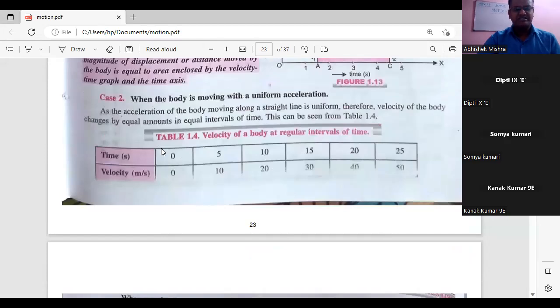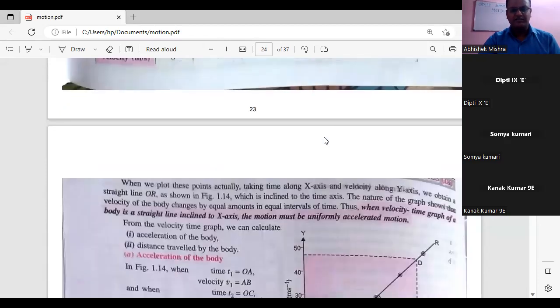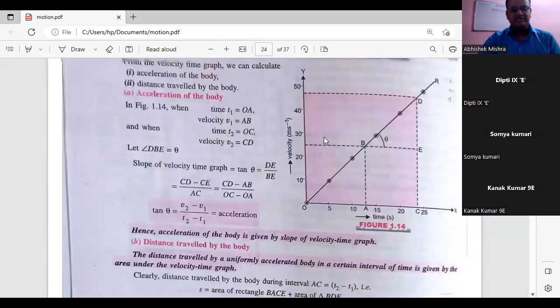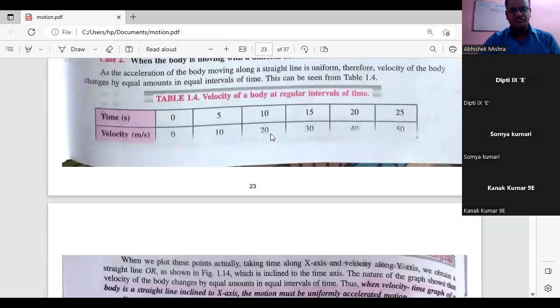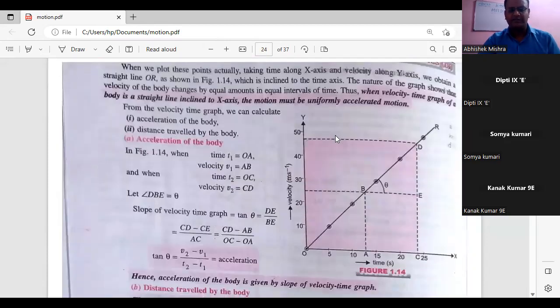The data for this is given as 0, 5, 10, 15, 20, 25 seconds, and the velocity is also given. When we plot them, we get a graph of a straight line.